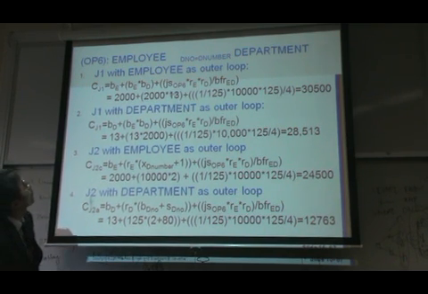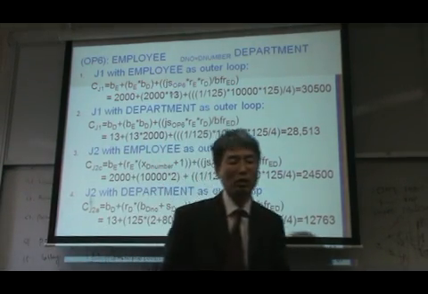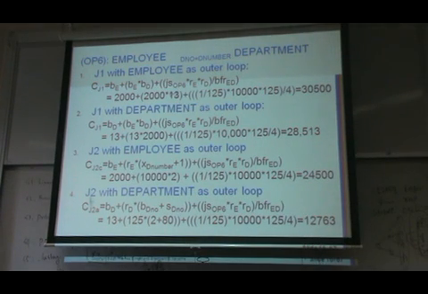Let's join two tables, employee and department. The join condition is DNO is equal to D number.